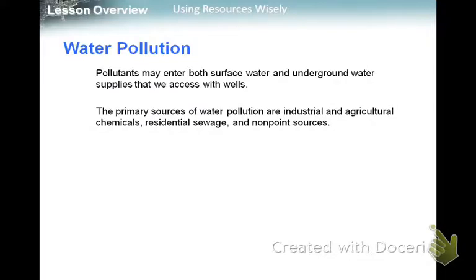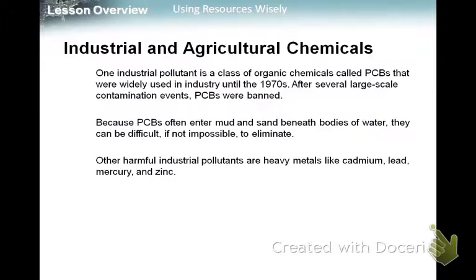Pollutants can enter surface water and underground water that we access with wells. Primary sources of water pollution are industrial and agricultural chemicals, residential sewage, and non-point sources. One industrial pollutant is PCBs, organic chemicals that were used until the 1970s.